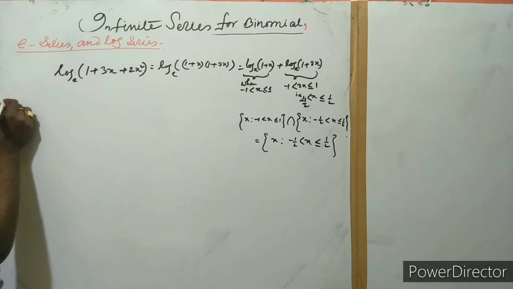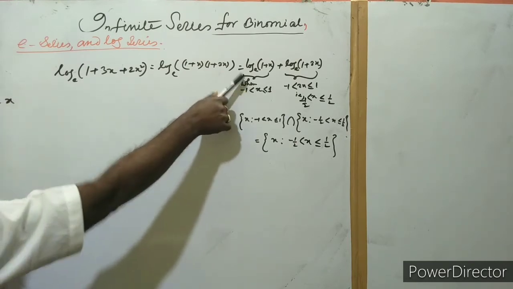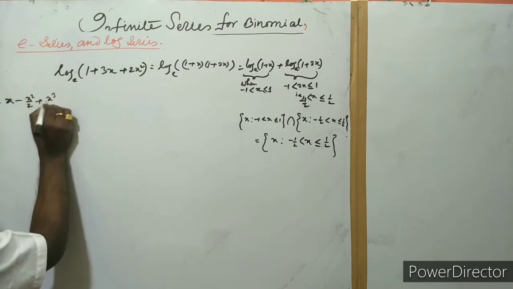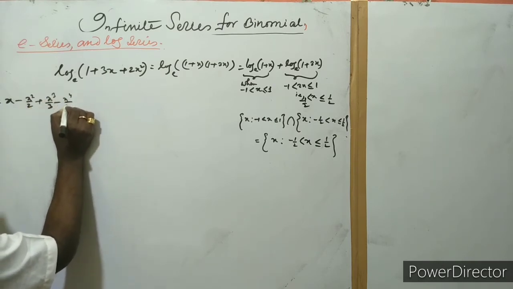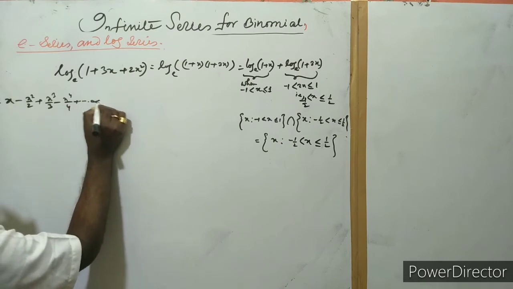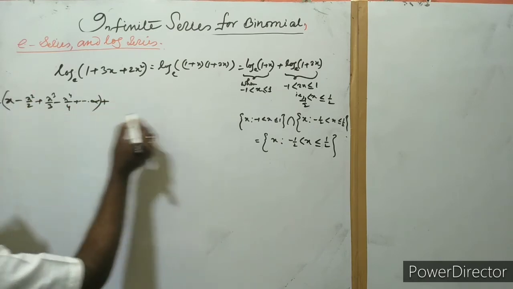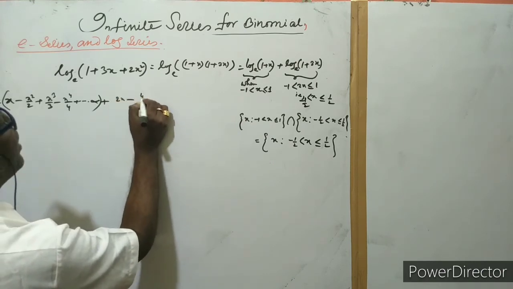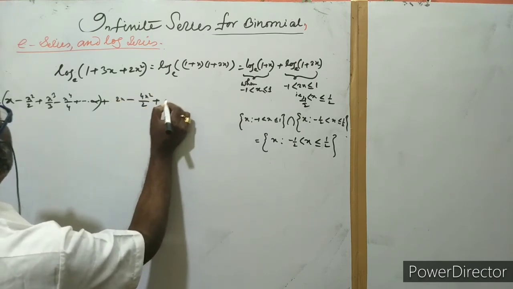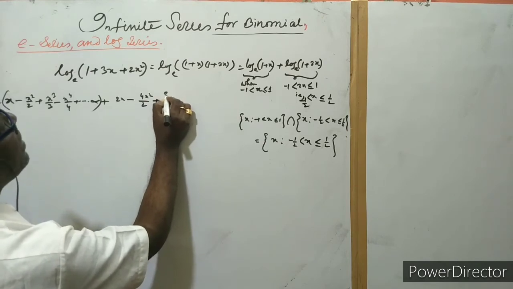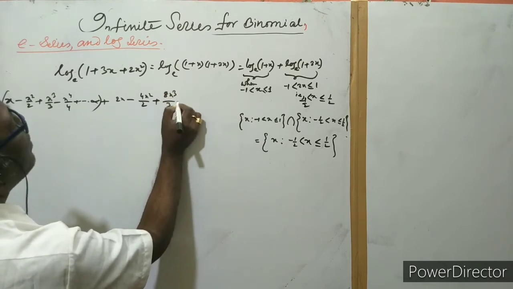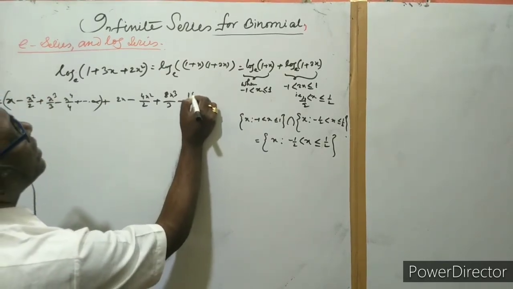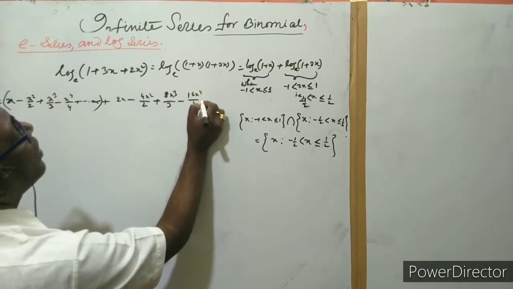Now for simplification we can write the first series as x minus x square by 2 plus x cube by 3, x to the 4 by 4 like that. And for the other, 1 plus 2x, we can write 2x minus 4x square by 2 plus 8x cube by 3, that is 2x whole power 4, which is 16x to the 4 by 4.